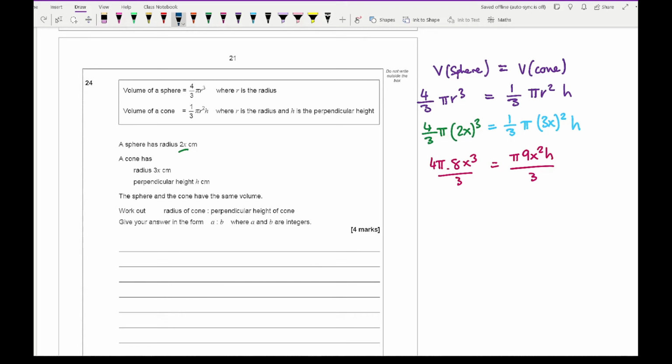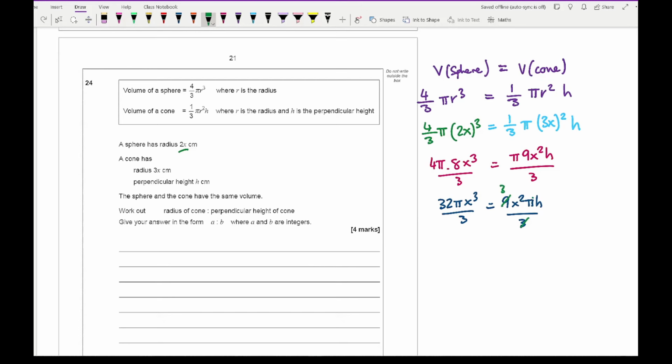So then if I start simplifying all of this, I get 32 pi over 3 equals, I can simplify this 3. 32 doesn't go into 3, so I'm going to leave that as it is.